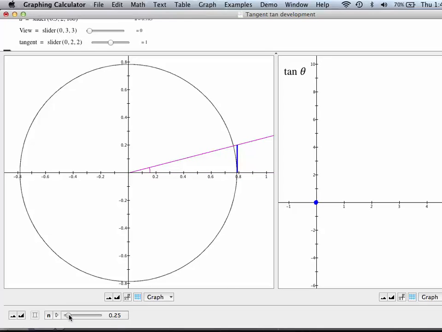So as we increase the angle theta, what happens to this quantity tangent theta? Alex says it increases. Okay, right, so there's our positive values increasing. Okay, and so let's go to pi over 4, and let's analyze at pi over 4. That's the closest I can get to pi over 4 right there. What is the value of tangent and why? So now we're looking at pi over 4.